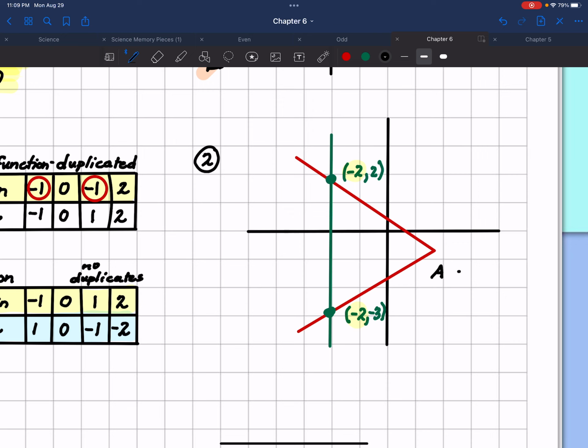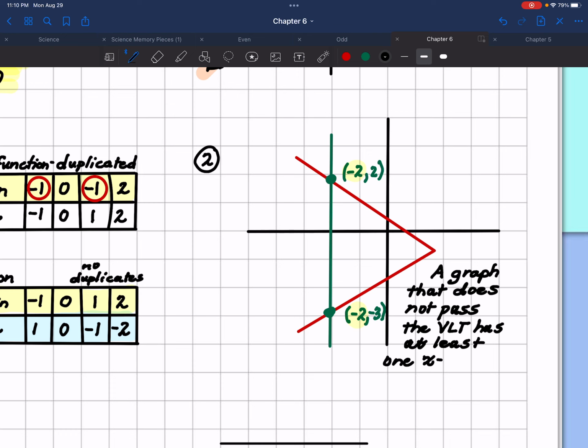A graph that does not pass the vertical line test has at least one x value that is duplicated.